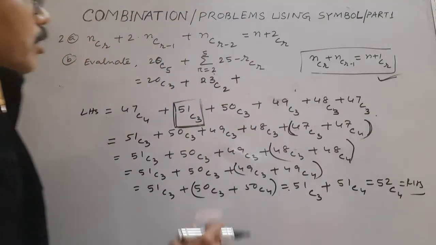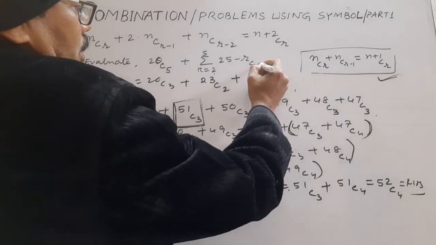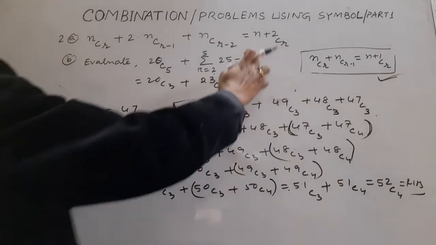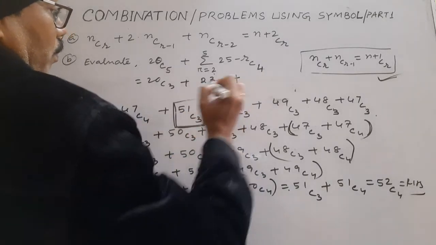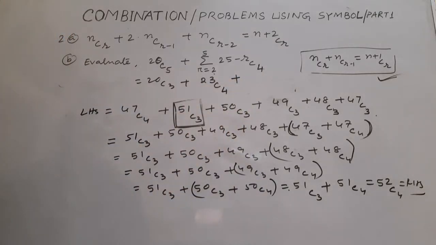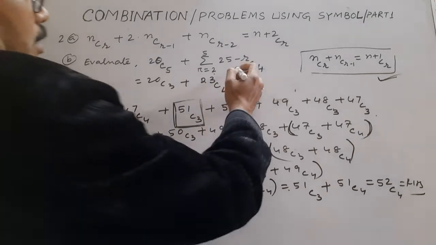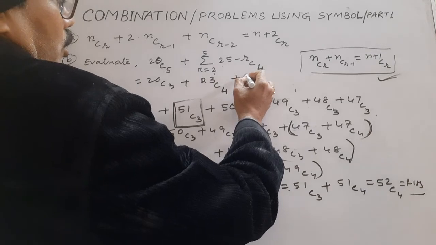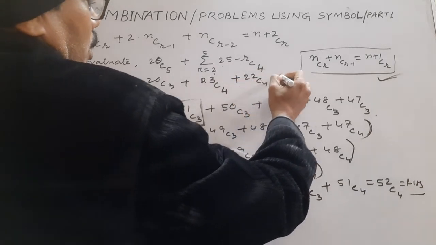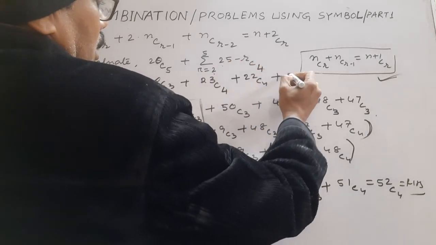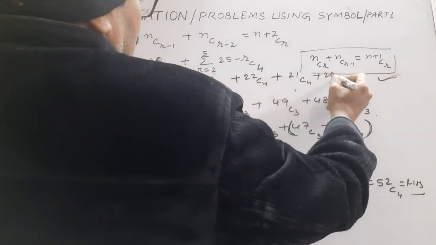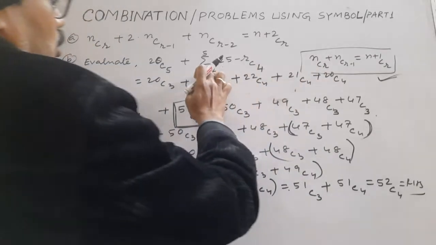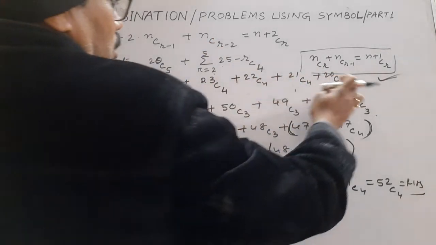It is written in the wrong form. This suffix is constant, 4. So 23C4, then 22C4, then 21C4, then 20C4, 2 to 5, 1, 2, 3, 4.